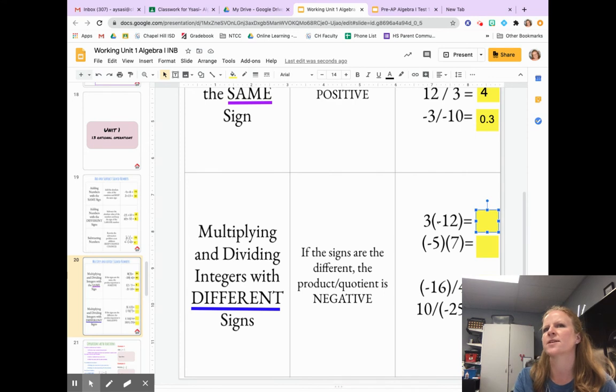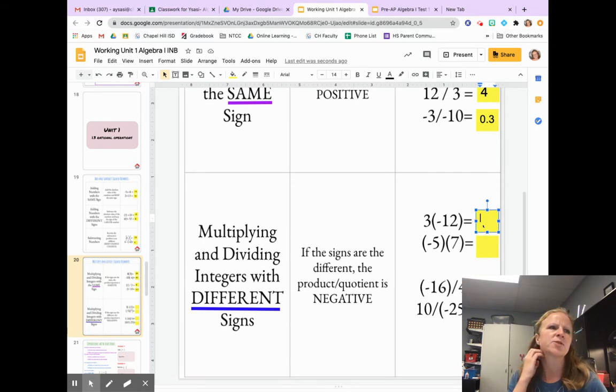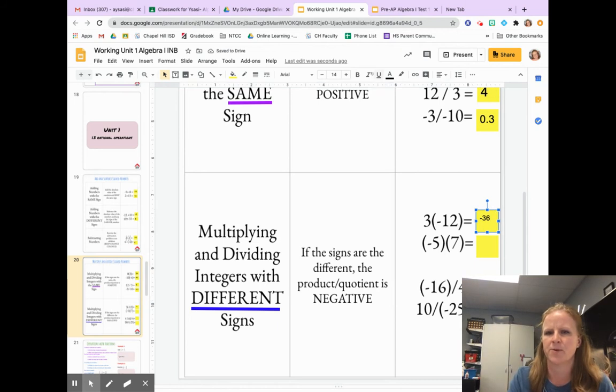So our first example is 3 times a -12. They're different signs, so we just multiply them and keep the sign, or make it negative. So 3 times 12 is 36, but since they're different signs, it's negative 36. I bet this one won't get too much bigger because it'll move it down.